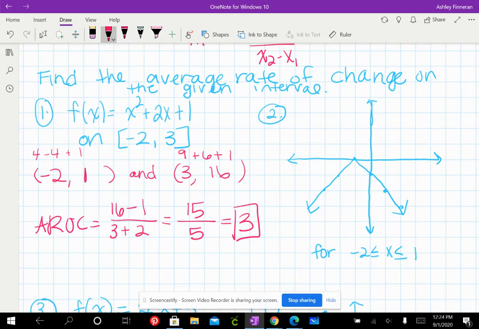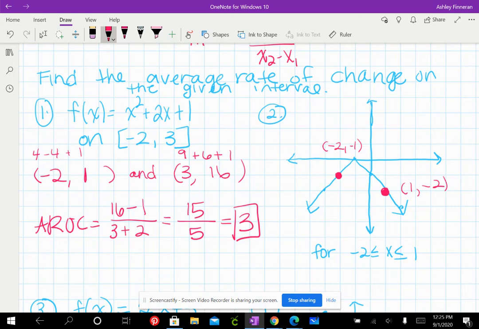On the second one, I am giving you the picture of a graph. It's an absolute value function, and I want the average rate of change on the interval from -2, which would be this point here, to the point on the function at 1, which would be that point here. So now you could write down the point, -2, -1, and write down this point, which is 1, -2, and you could calculate the slope that way.